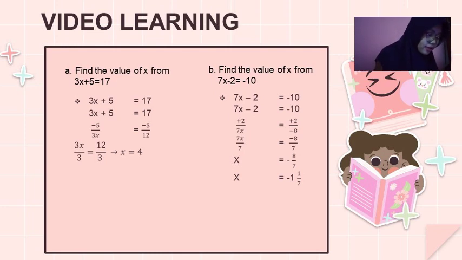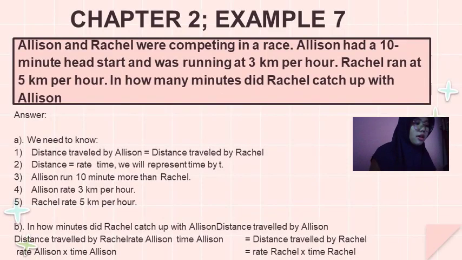Divide by 7, 7x over 7 equals negative 8 over 7. x equals negative 8 over 7. x equals negative 1 and 1 over 7.